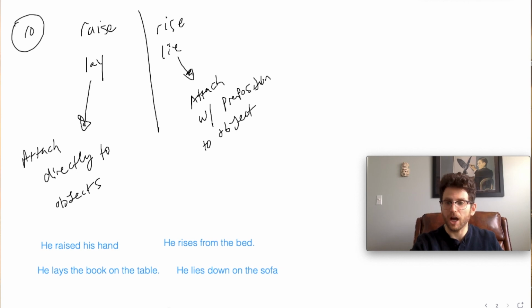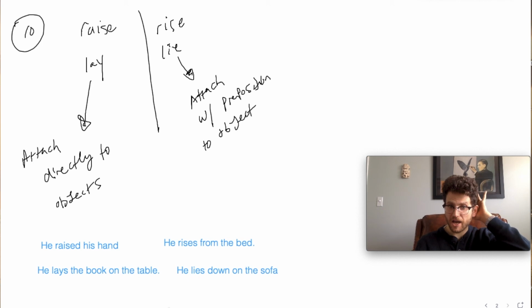He lies down on the sofa. Okay? So notice, connecting lies to sofa, you actually have two prepositions there, down and on. Actually, maybe technically down would be an adverb there. Not sure. Yeah, I think an adverb. But either way, we don't have lie connected directly to the sofa. We have a preposition and even the adverb in between.